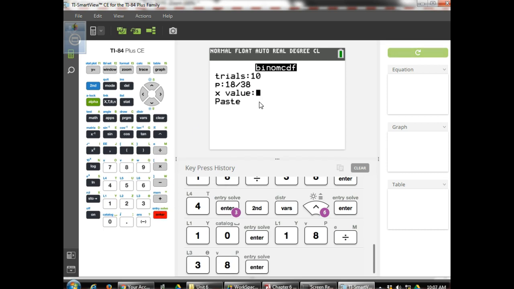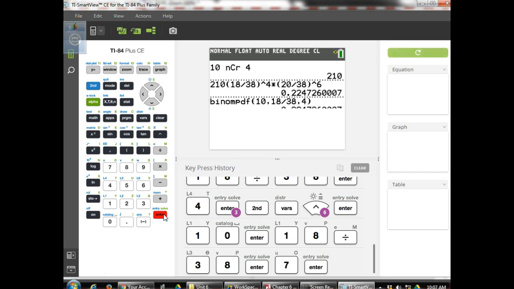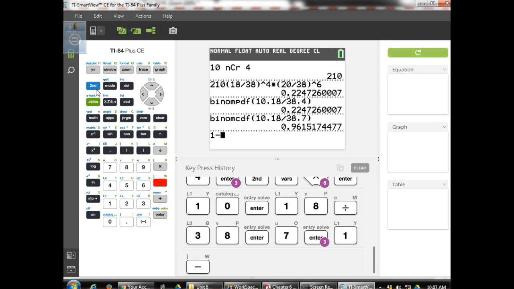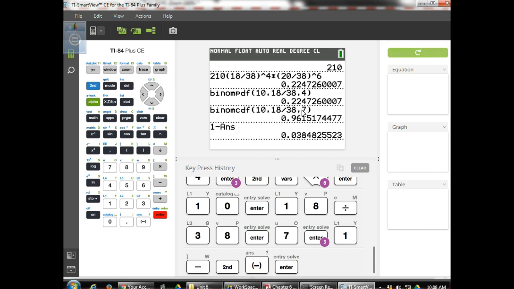And now, if I'm interested in 8, 9, or 10, this is cumulative through a value that you put in. So I'm going to find cumulative through 7, and then I'm going to subtract it from 1. Okay, so I'll kind of show you that. So then all I'm going to do is just do 1 minus the probability through 7.